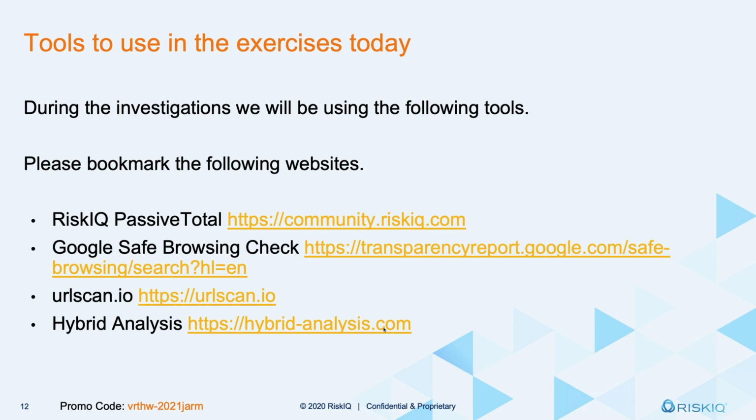So we're going to use those for those types of things, and Hybrid Analysis to look at their information, because when they sandbox it and execute something, there might be additional types of indicators. For example, it might have been communicating out to a different site once it was detonated. So we want to be able to take those indicators and bring them back into PassiveTotal and do those investigations.